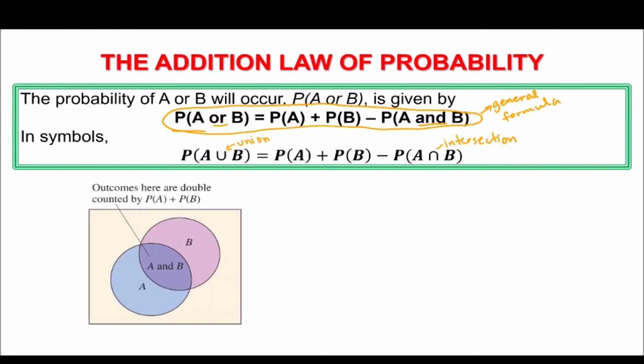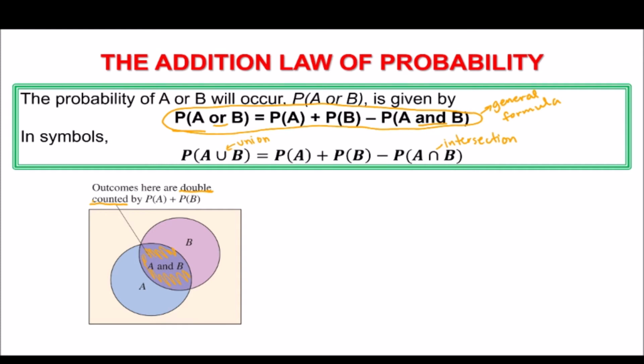But the purpose of subtracting the intersection of A and B is to avoid double counting, especially of the elements between A and B that are common to each other.